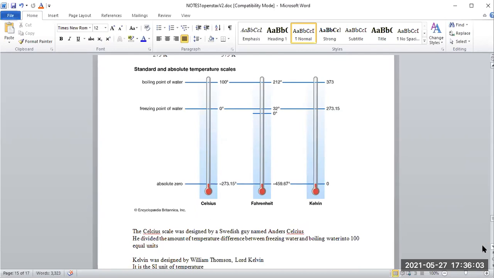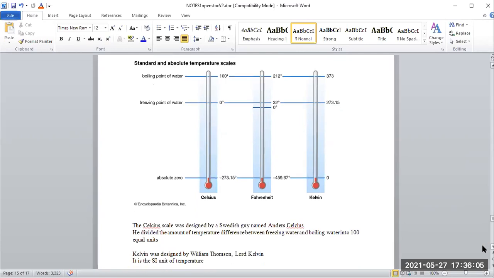So to give you just a little hint of backstory here, Celsius was a famous white dead guy, Swedish. He's the one who came up with the idea of the Celsius scale. He was actually a watchmaker, and he had screws, because of course this was way back when, that were designed to wind the watches.